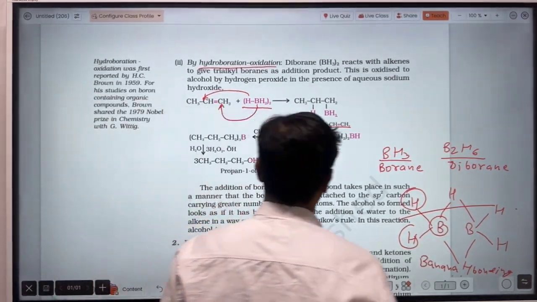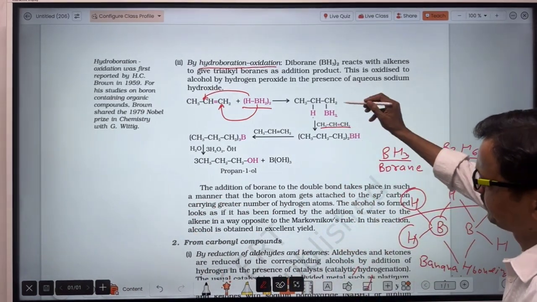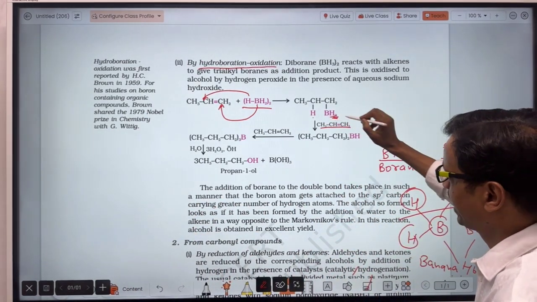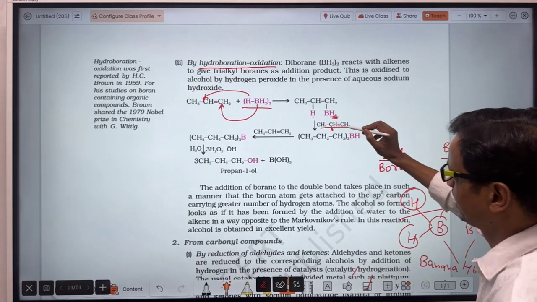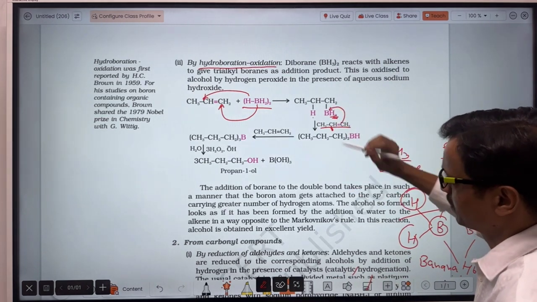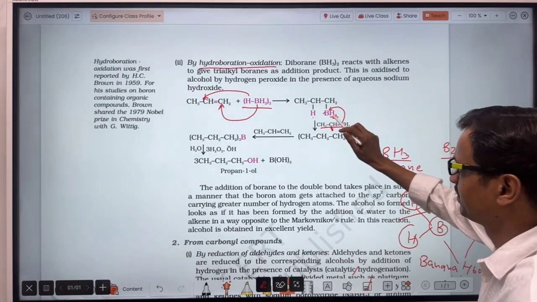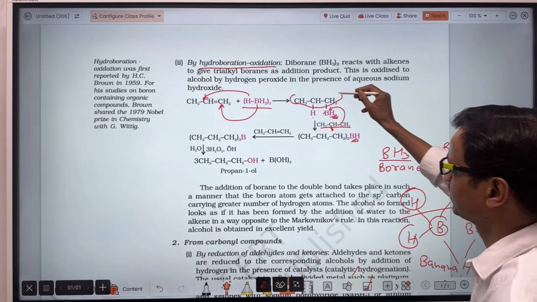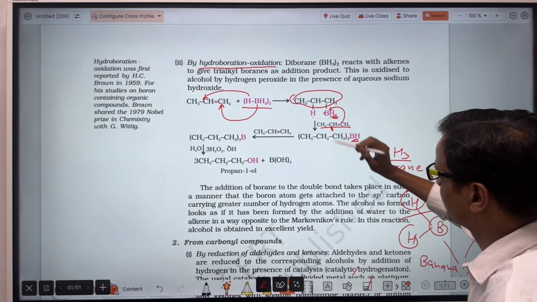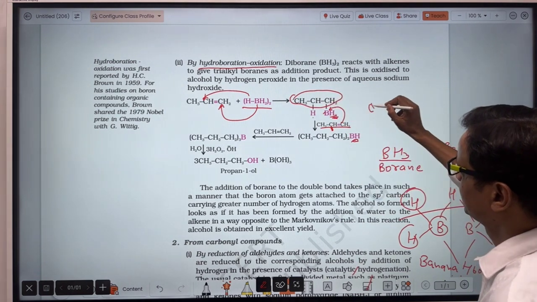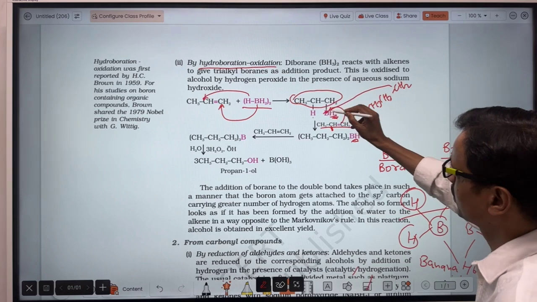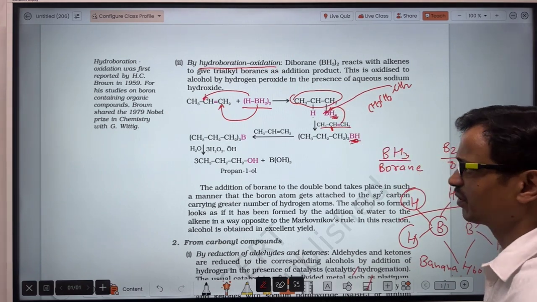So in this compound also, again one hydrogen of this BH2 will bond to this carbon and the carbon to boron. So one hydrogen is released from there, that becomes BH here, and the two alkyl groups, this one here, this one, and like that when hydrogen bonds to this side, that will also become CH3, CH2, CH2. So that will get bonded to boron. That's why this compound forms.